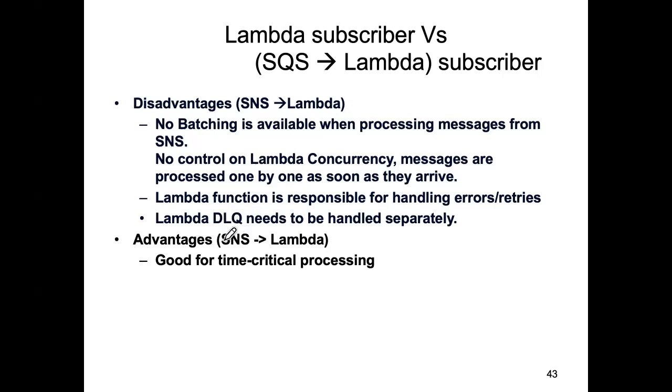The advantage of having a Lambda as a direct subscriber to SNS is really performance. If the messages being written to an SNS topic are time critical and you want a Lambda to be triggered immediately and process that message, then that's a good case for having a Lambda as a direct subscriber to SNS.